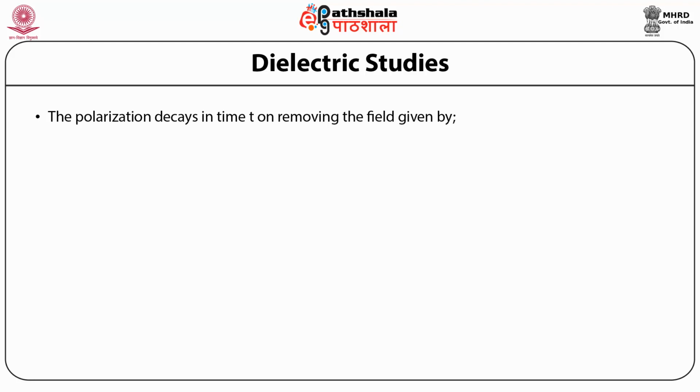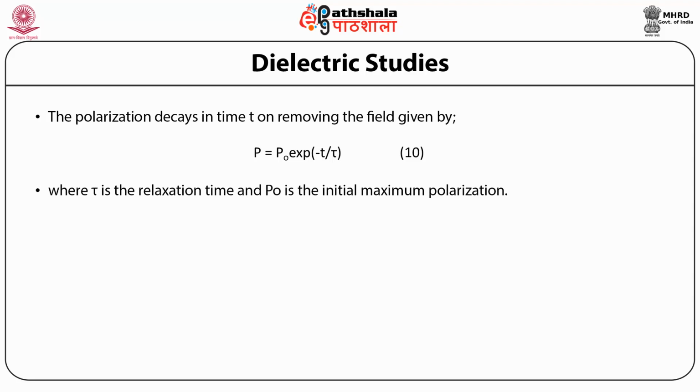The polarization decays in time on removing the field and is given by P equals P naught times exponential of minus t divided by tau, where tau is the relaxation time and P naught is the initial maximum polarization.